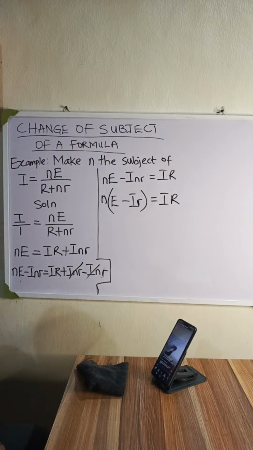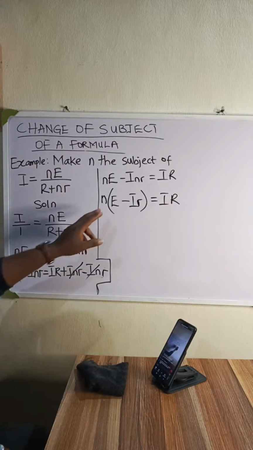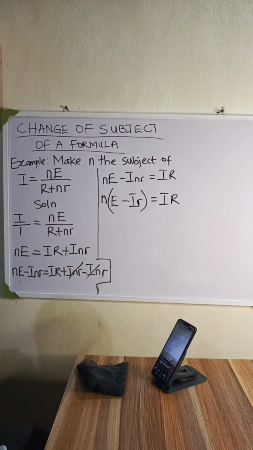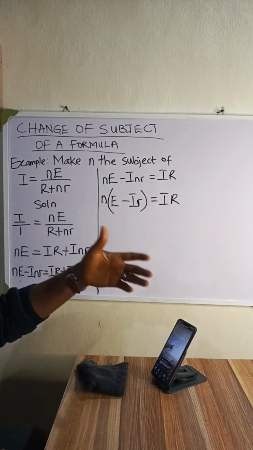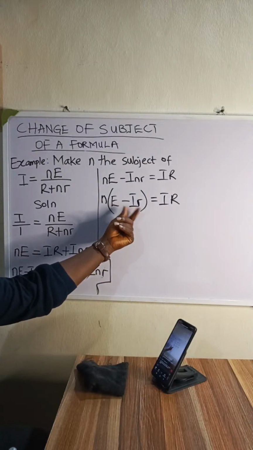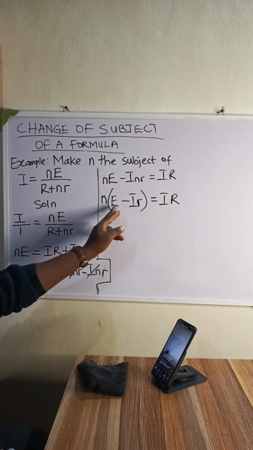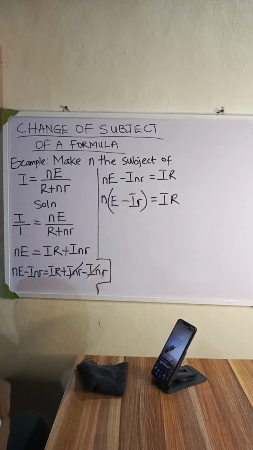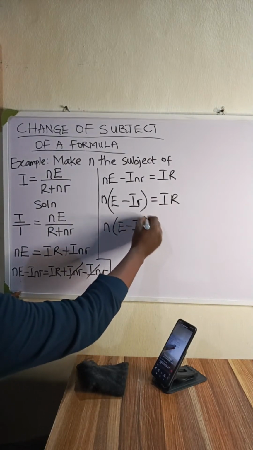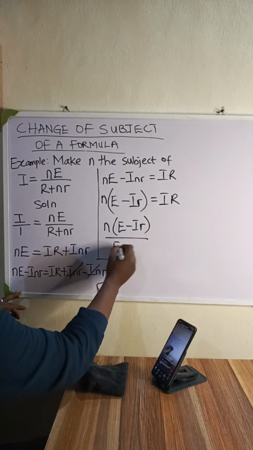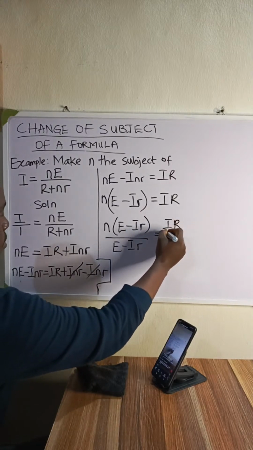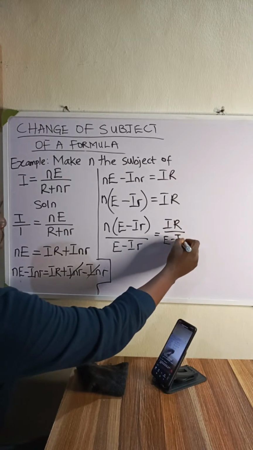So now we have done a good job. We only have one value of n instead of two values of n. Next, n has to be alone on the left for it to become the subject. Therefore, we need to eliminate all these values we have here. So we need to divide both sides by e minus IR. So we are going to have n into e minus IR all over e minus IR is equal to IR all over e minus IR.